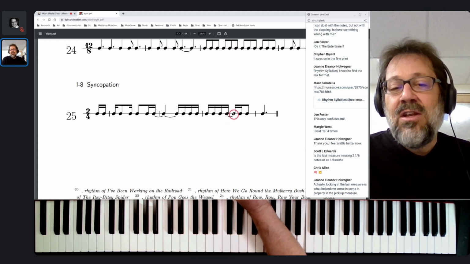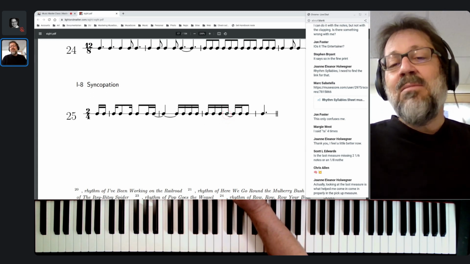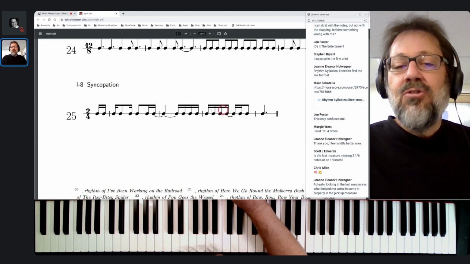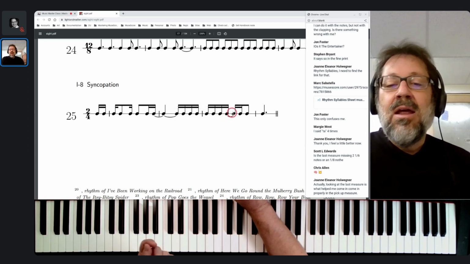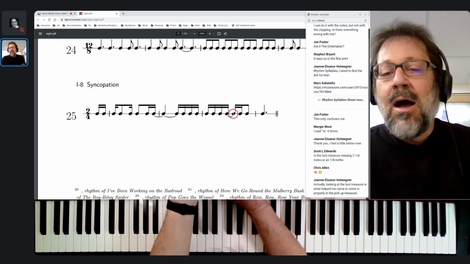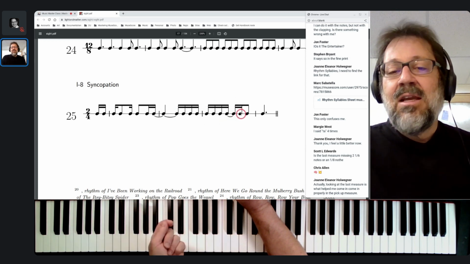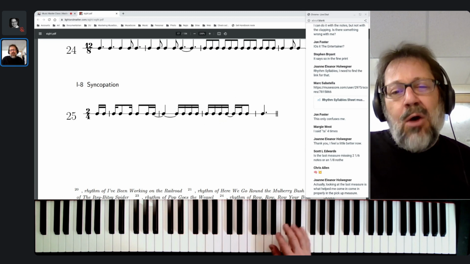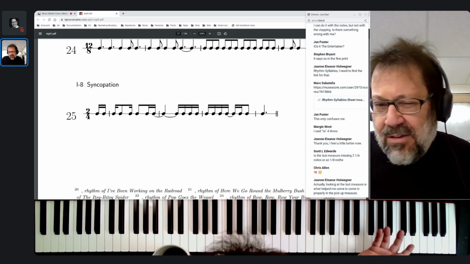That's two 16ths tied together. Yes, it's the same as an eighth, but by breaking it up, showing each beat individually, now I can see that this beat here is that missing ta, and then the next 16th is the ki.